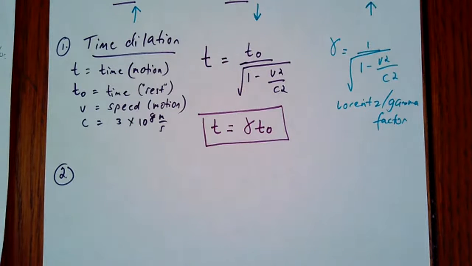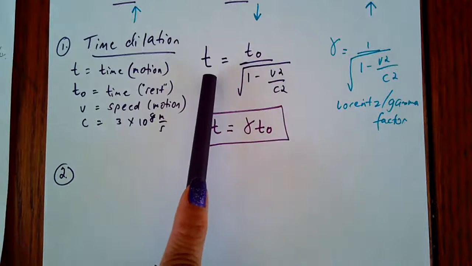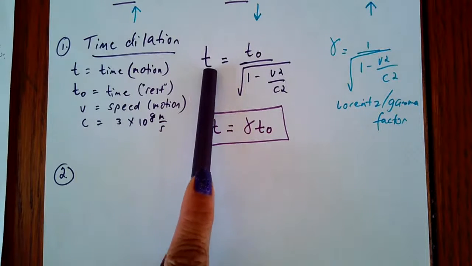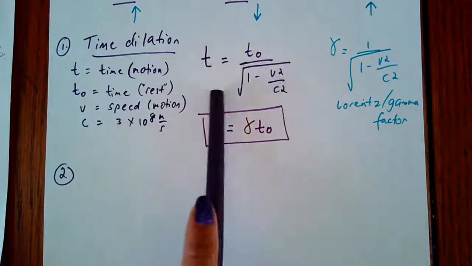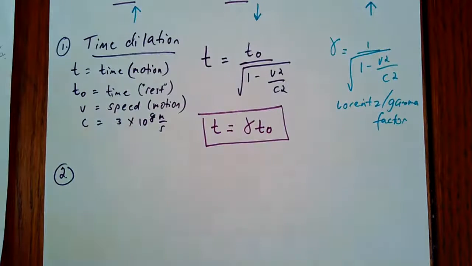The time as perceived by you, who are in motion, is going to be different than the time perceived by your twin sister, who's going to stay at rest on Earth. We can calculate the time lapsed by using this formula. When you come back, you will see that your twin sister that stayed on Earth is actually going to be much older than you are.